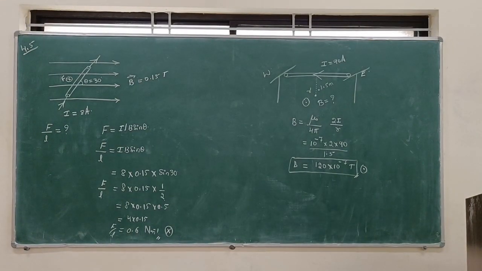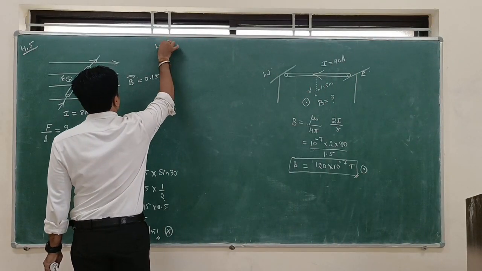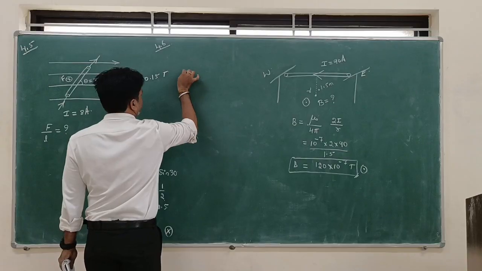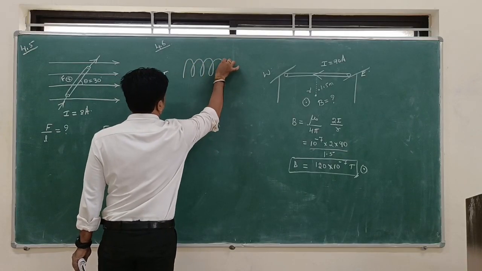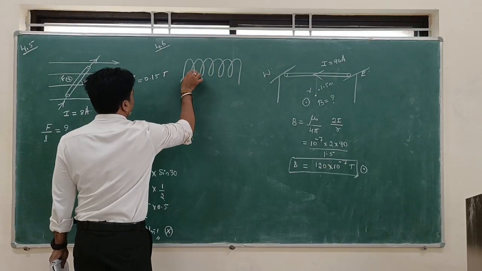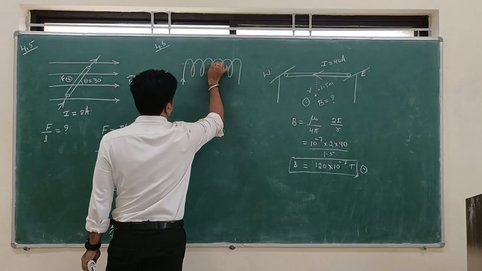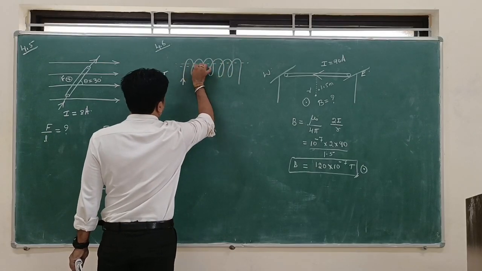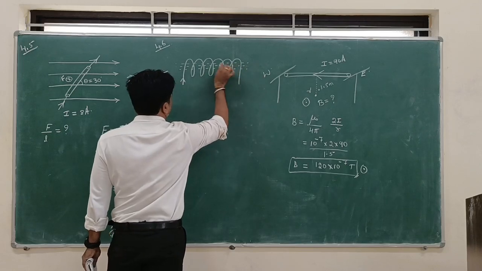Solenoid is there, 4.6. When we flow electric current through this solenoid, what happens? We can observe the magnetic field inside the solenoid. This is the magnetic field, the uniform magnetic field.